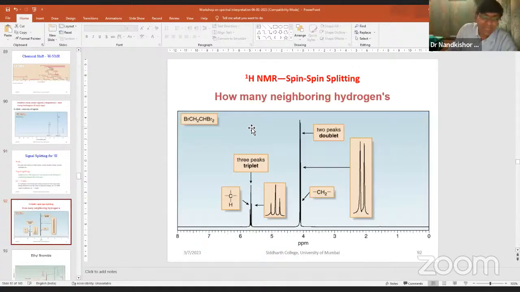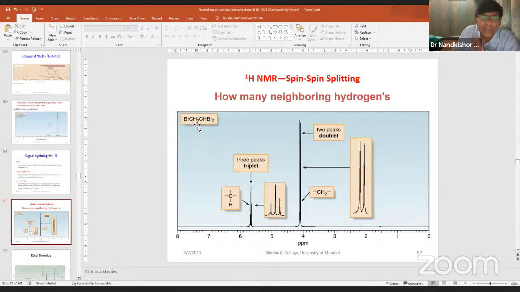Now this is a simple NMR spectrum, where this compound is 1,1,2-tribromoethane. This compound has two types of nuclei, CH2 and CH. The CH2 is influenced by the CH and the CH is influenced by CH2.